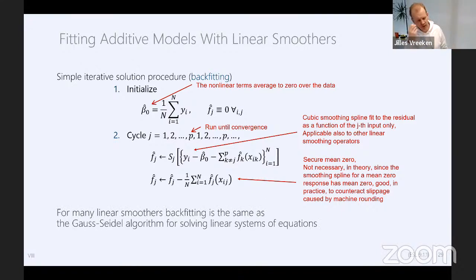Depending on how you smooth, this essentially comes down to the Gauss-Seidel algorithm for fitting a system of linear equations, where you also fiddle with one, keeping the rest constant, fiddle with the second, keeping the rest constant, and so on. So in that sense, GAMs were not a complete miraculous new invention. It just turns out to be a smart adaptation of what we already knew to a new application.